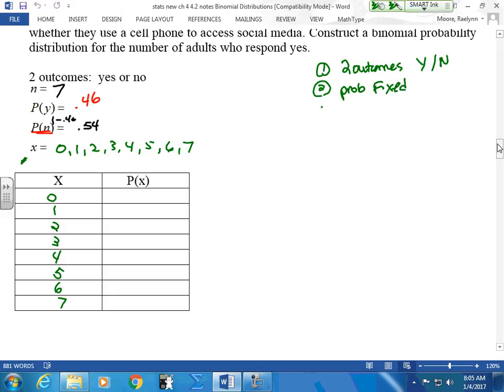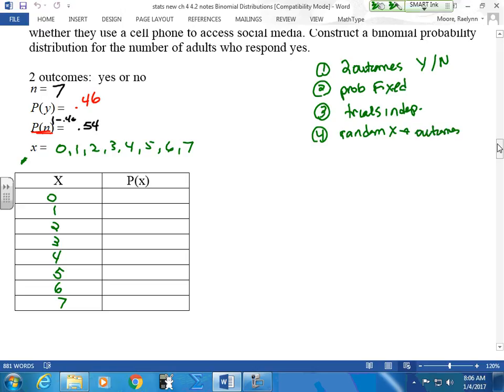Okay? What's another one? My trials are independent. Doesn't have any effect on the other. And the random variable x represents all possible answers, outcomes.